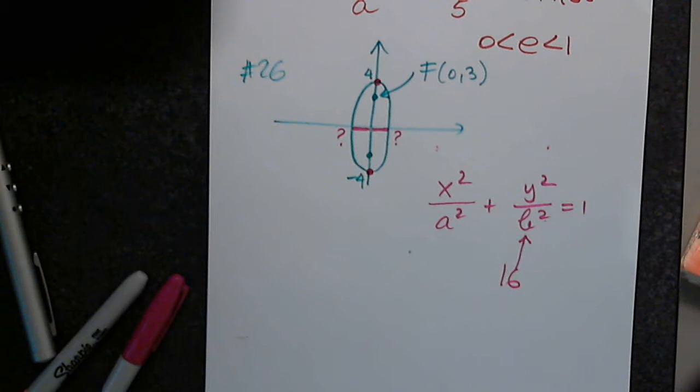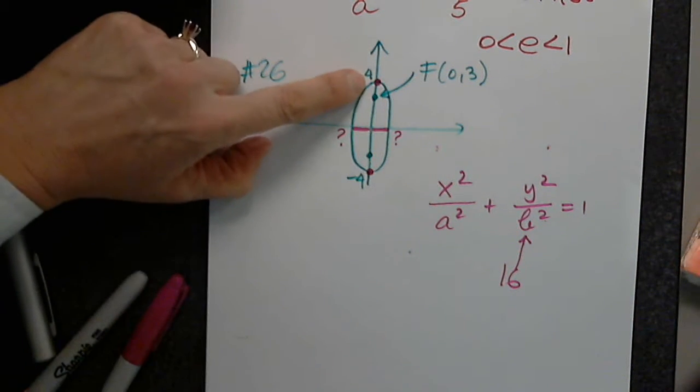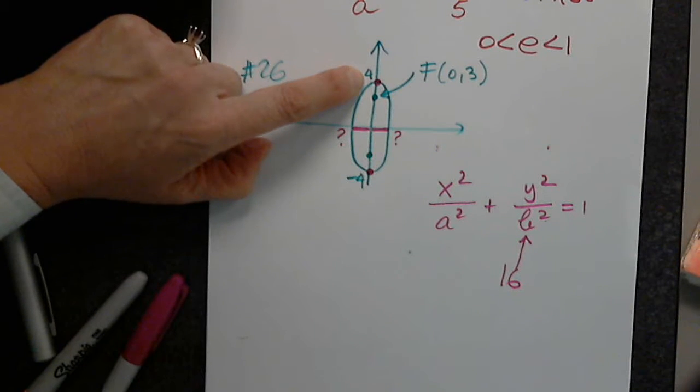That part I know for sure, because it goes to the vertex of 4, and to the vertex definitely of -4, and that is given in the problem. This is given to us in the problem.